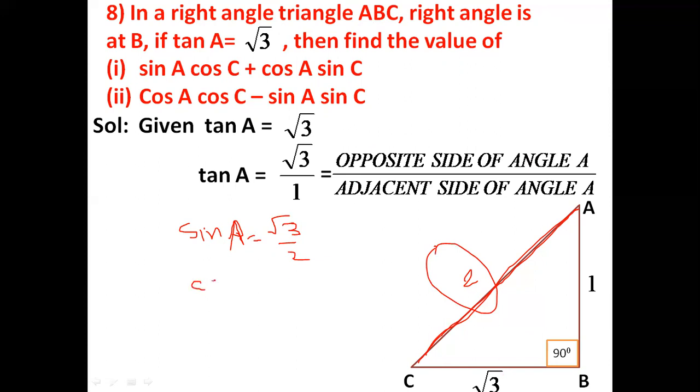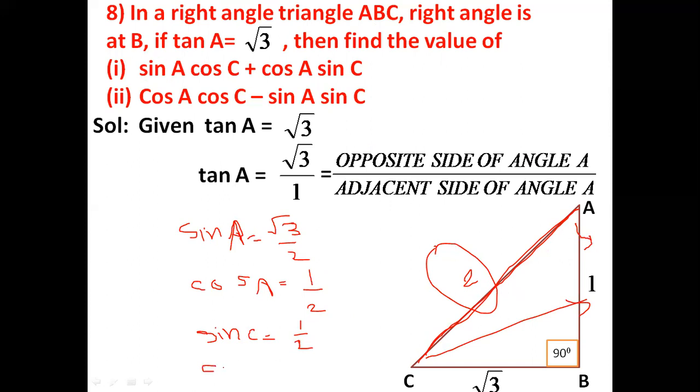Next, you find cos A. Cos A is equal to the adjacent side of angle A, that is 1, by hypotenuse. What is the hypotenuse? 2. Right. Next, sin C. Here the opposite side of angle C, because here the angle is C. What is the opposite side of angle C? That is 1. So 1 by the hypotenuse, that is 2.